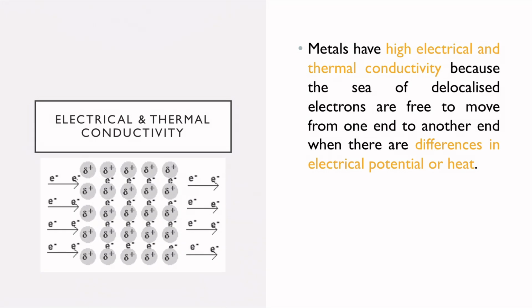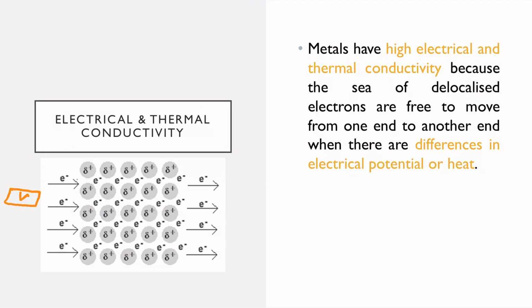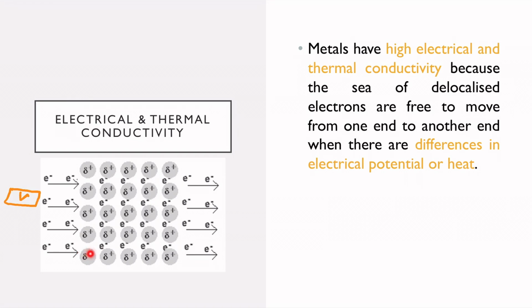It means that when a voltage is passed through, contoh saya letak voltage daripada bateri kan? So voltage is passed through a metal. It pushes the electrons so that they flow through the metal, okay?